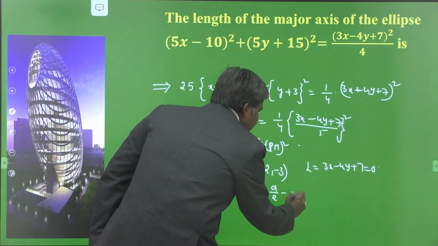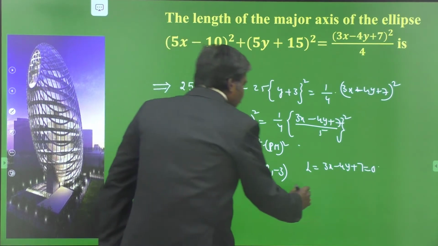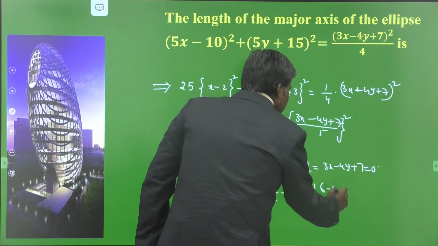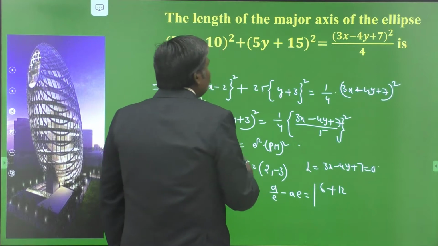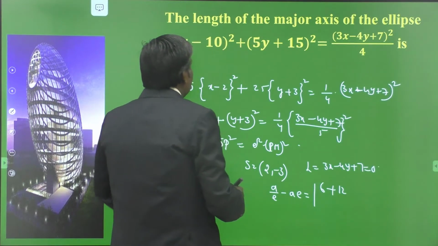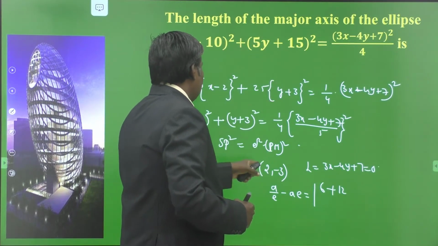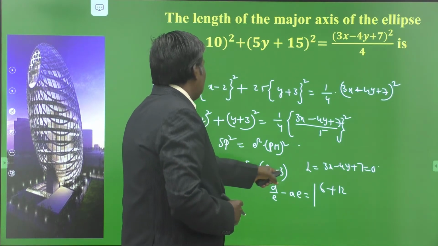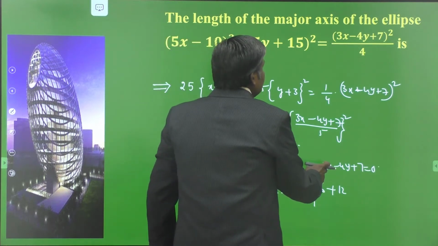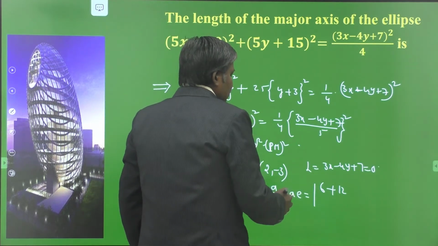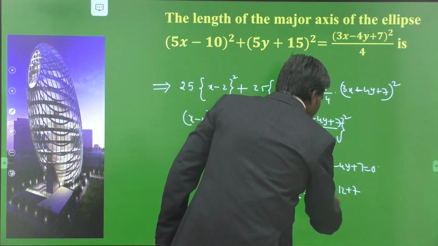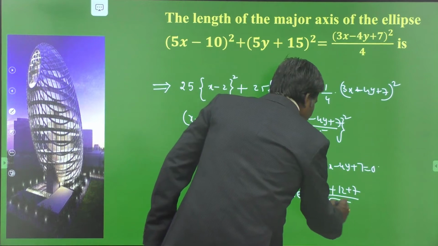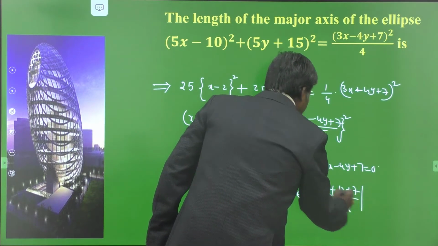A by e minus ae is equal to the perpendicular distance. 2 threes are 6 plus 3 fours 12. The focus is (2, minus 3), the point we substitute, into 3x minus 4y plus 7, divided by root of 9 plus 16, using the formula (ax1 plus by1 plus c) by root of a square plus b square.